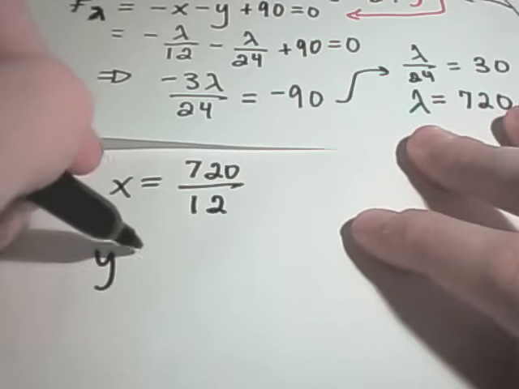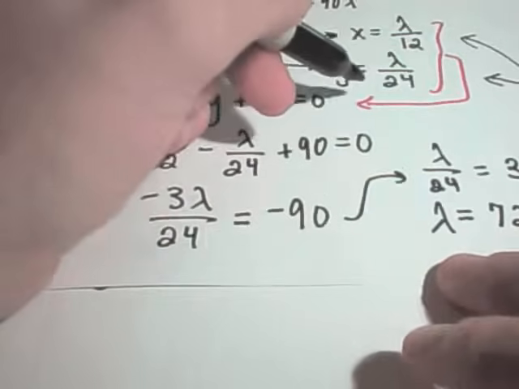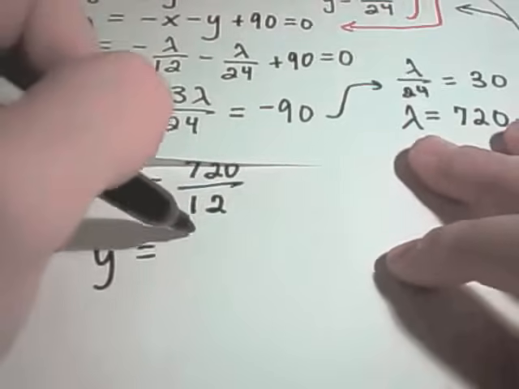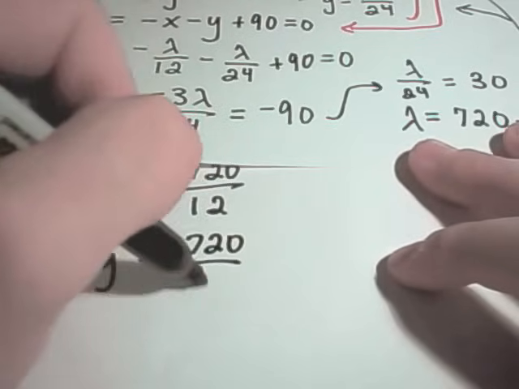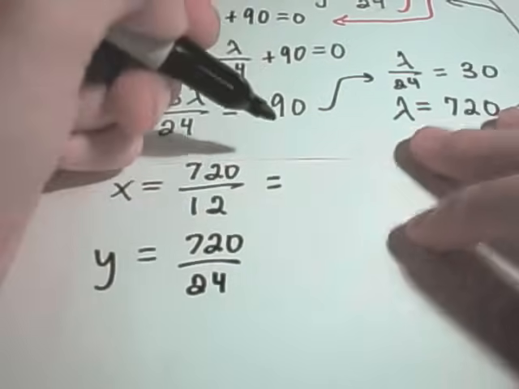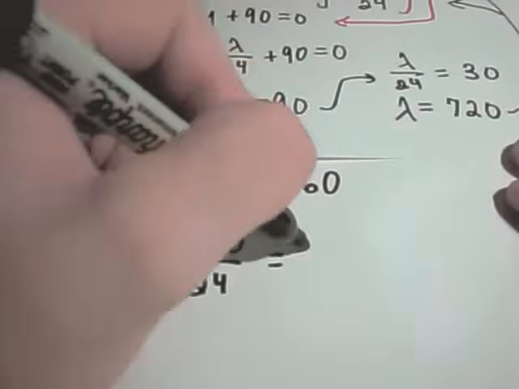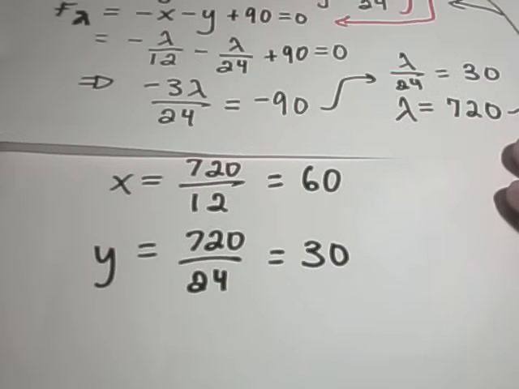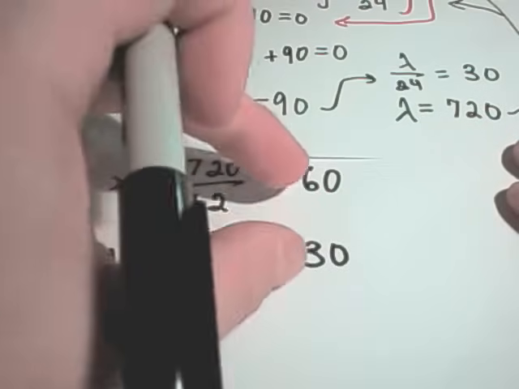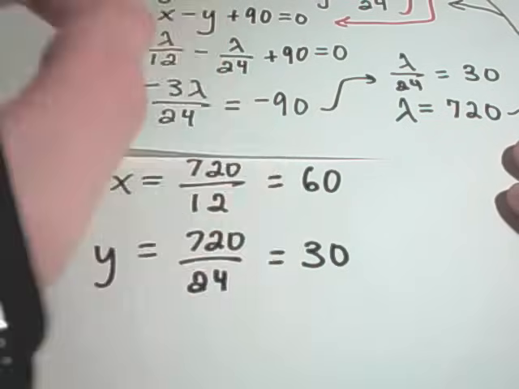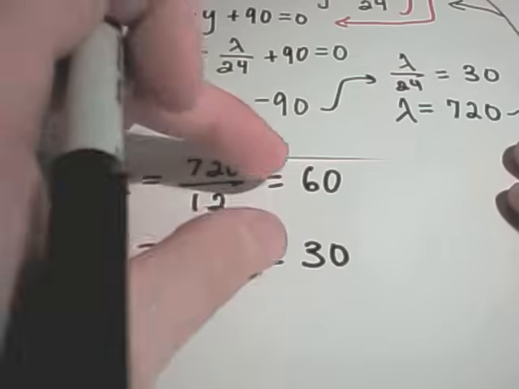And y equals lambda over 24, so 720 over 24. You can simplify both of these down. It looks to me like x should equal 60, y should equal 30. Typically, once you have values for x and y, you may find more than one pair that works. Here we're only finding a single pair, 60, 30.